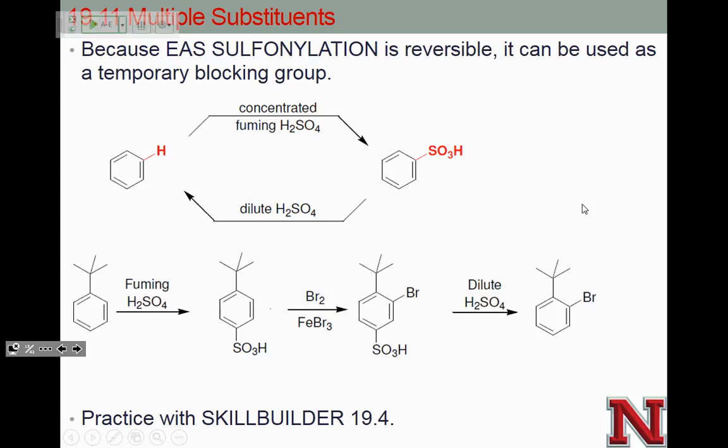But if it's just an R group, it's going to be too electron withdrawing for acylation or alkylation to occur in most cases. So that's our main limitation, but otherwise this works really well because of the reversibility of this group.